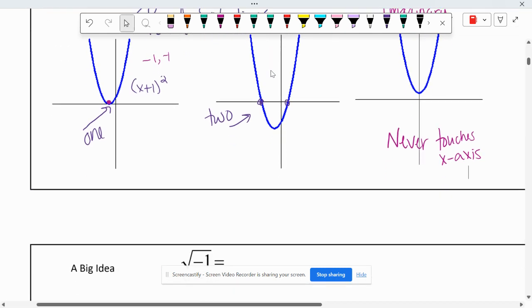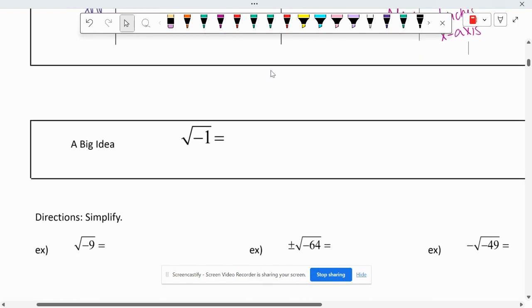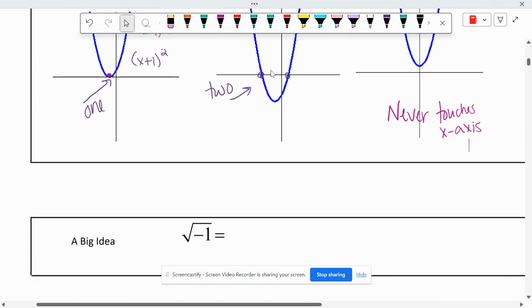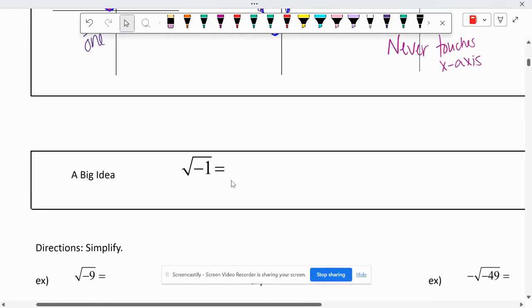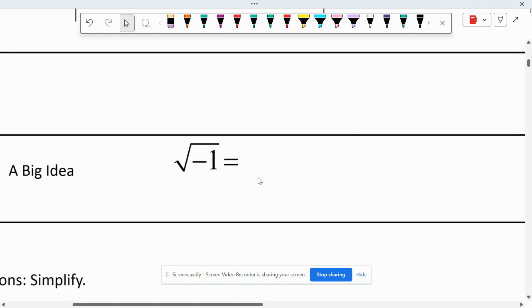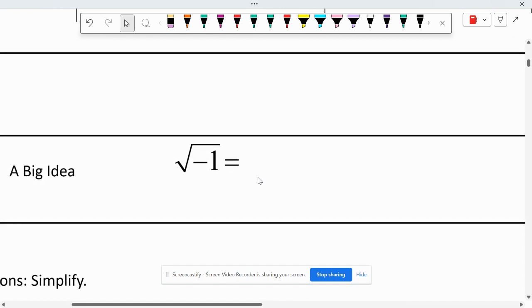We learned on Friday that we cannot take the square root of a negative number, because there is no number that you can multiply by itself and get a negative. So we said the square root of -1 is i, and that i stands for the imaginary unit.